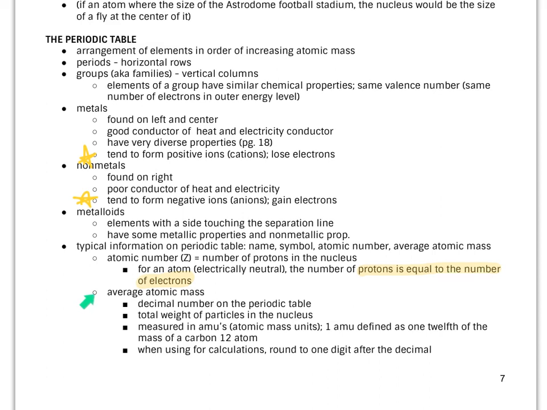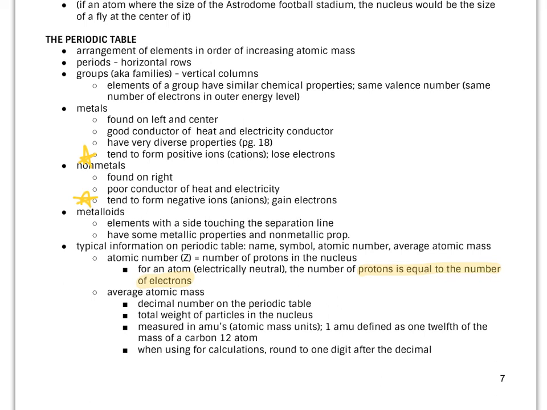Now talking about the average atomic mass. That's the decimal number, and it's the total weight of particles in the nucleus. It's measured in AMUs, so it's not measured in grams or anything like that. It's measured in atomic mass units. Because the masses of atoms are so different, they couldn't use a standard unit of measurement that already existed.